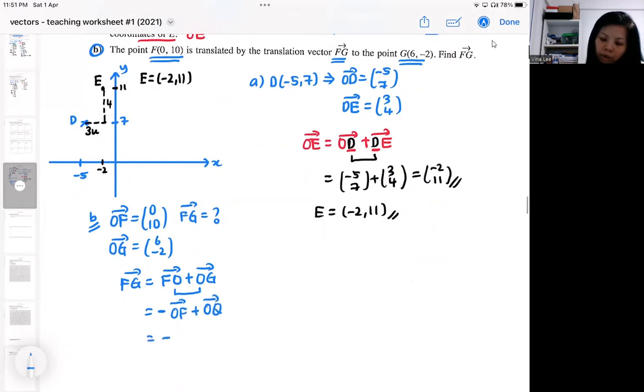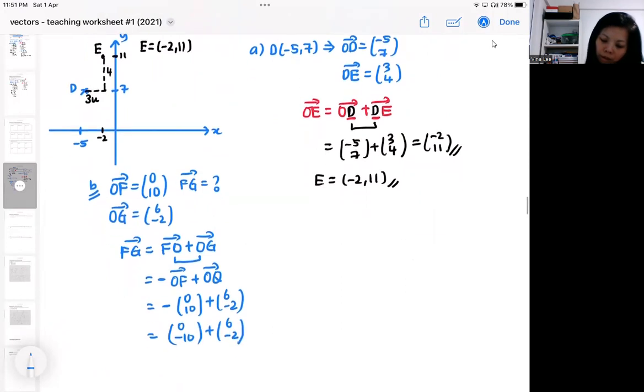So you will get -0, 10 plus 6, -2. So you'll be able to get this, and the answer is 6, -12. So you can do it like normal adding, or you can do it visualizing it as the movement.